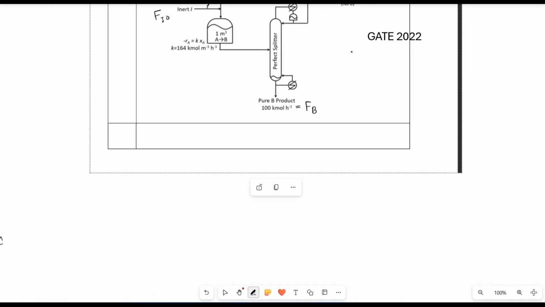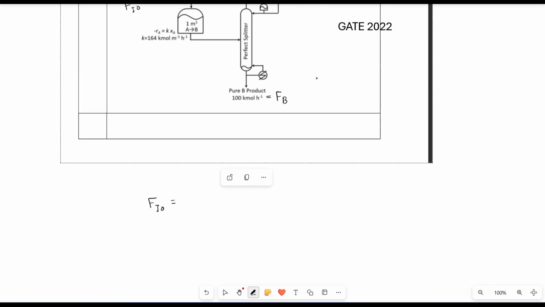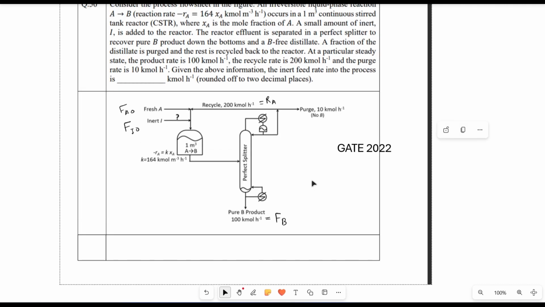Directly I will write the inert balance. F I naught is equal to the concentration of inert at the purge, Xi at P. Let the concentration here be Xi.